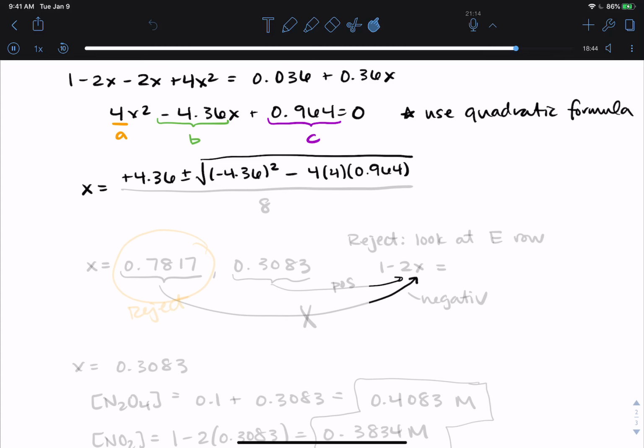Square root of that whole thing, all of it divided by 2A, so all of it divided by 8.